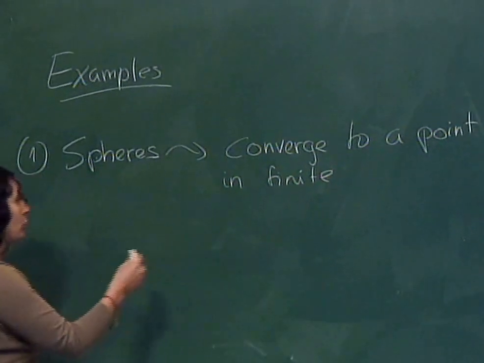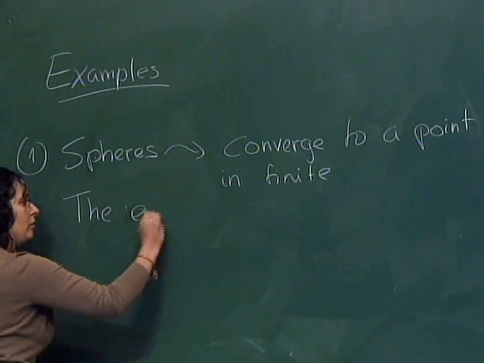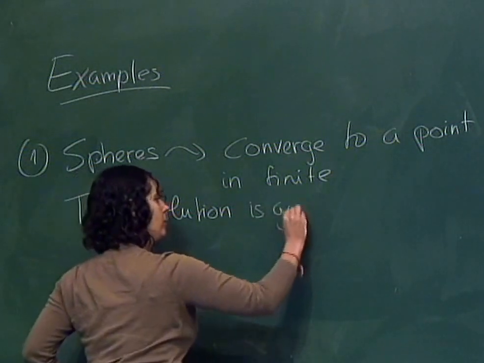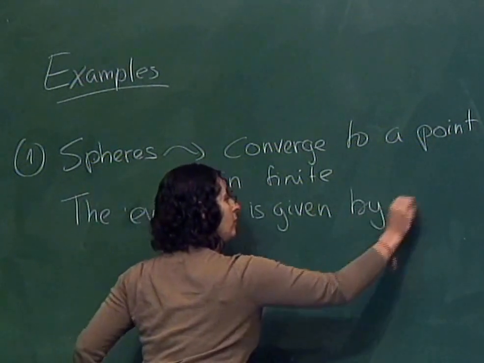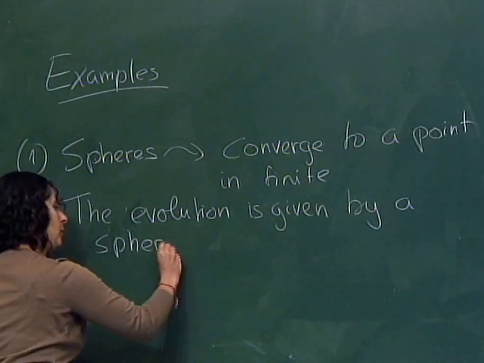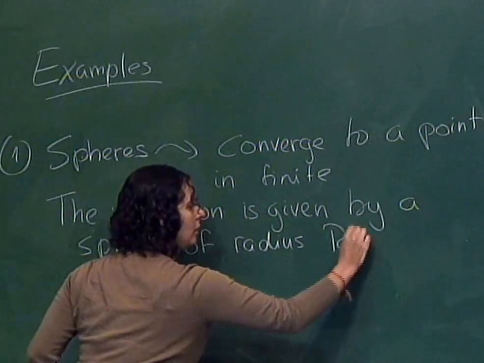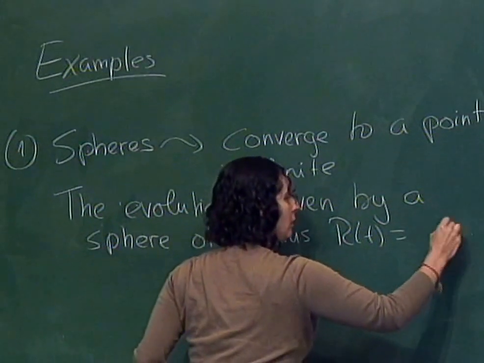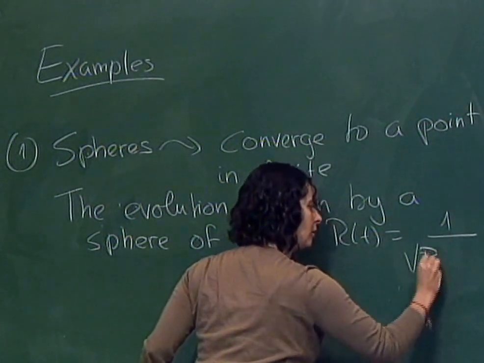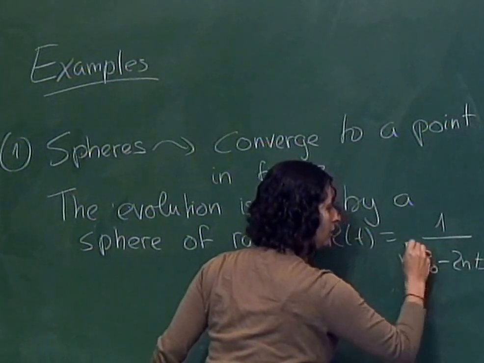And we saw that the evolution of this is given by a sphere of radius R(t) that is exactly the square root of R0 squared minus 2n t.